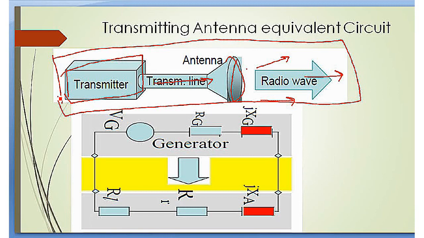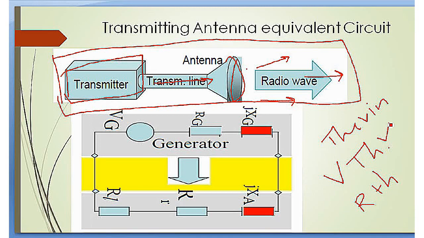So for equivalent circuit, we already studied one theorem, Thevenin's theorem. For Thevenin theorem, we know we want VTH and RTH as equivalent circuit. VTH means voltage source and RTH means equivalent resistance source.